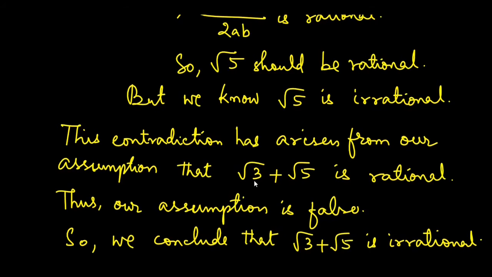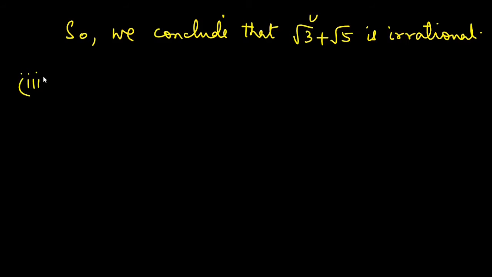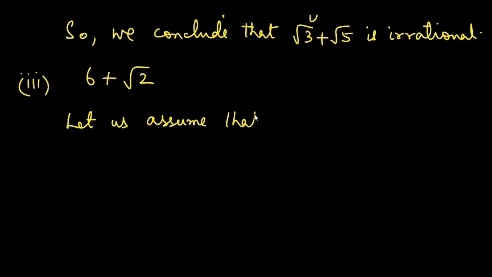Now, let us see the third problem. Third one, 6 plus root 2. We have to prove that 6 plus root 2 is irrational, but we will assume that 6 plus root 2 is rational.